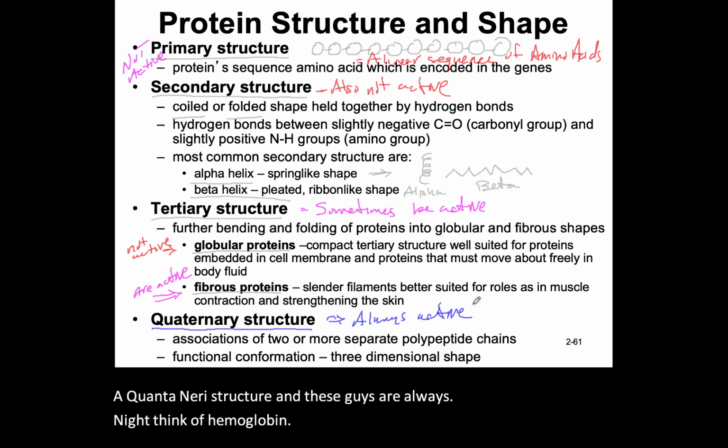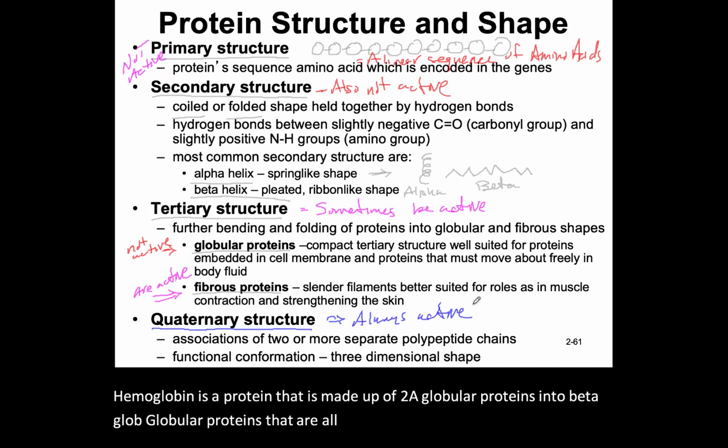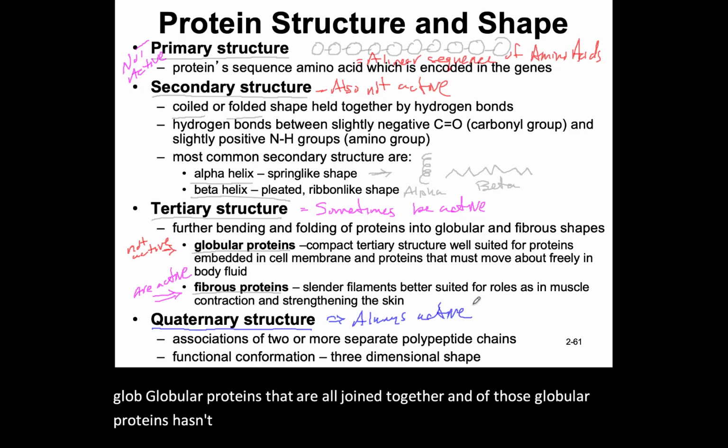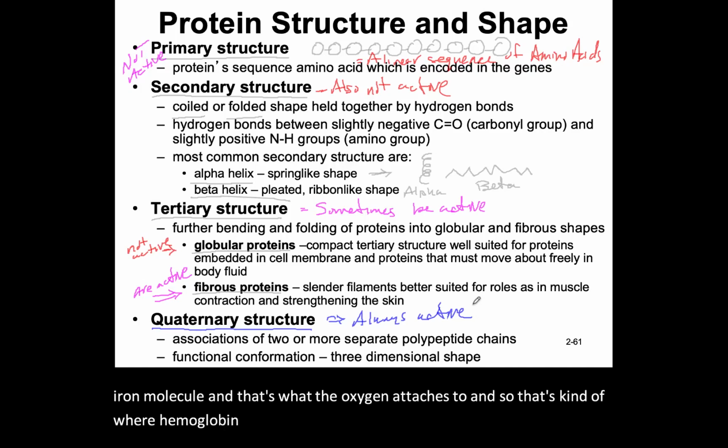Hemoglobin is a protein that is made up of two alpha globular proteins and two beta globular proteins that are all joined together. And each of those globular proteins has a heme group, and in the middle of that heme group is an iron molecule. And that's what the oxygen attaches to. And so that's kind of where hemoglobin gets its ability to carry oxygen from.